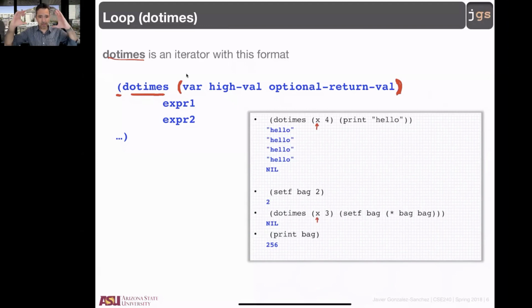The first set of parentheses inside of a do times, after the do times, you always have a parameter that is parentheses open, parentheses close, this one. And the interpreter knows that that one is one of the few exceptions in which, even though you have parentheses, the first element is not an instruction, it's something else, it's a variable.